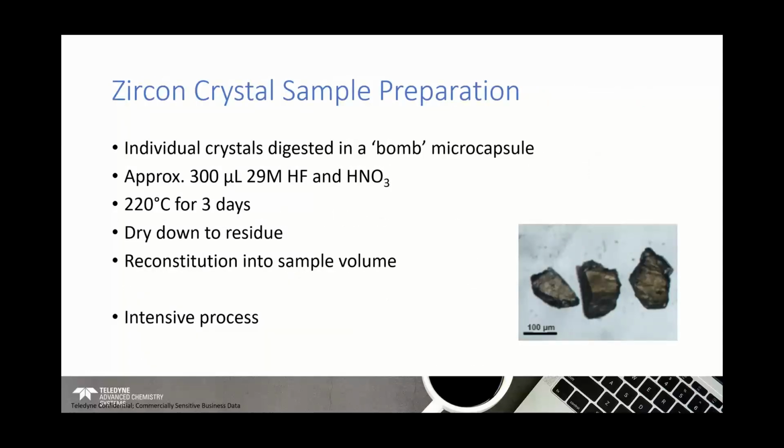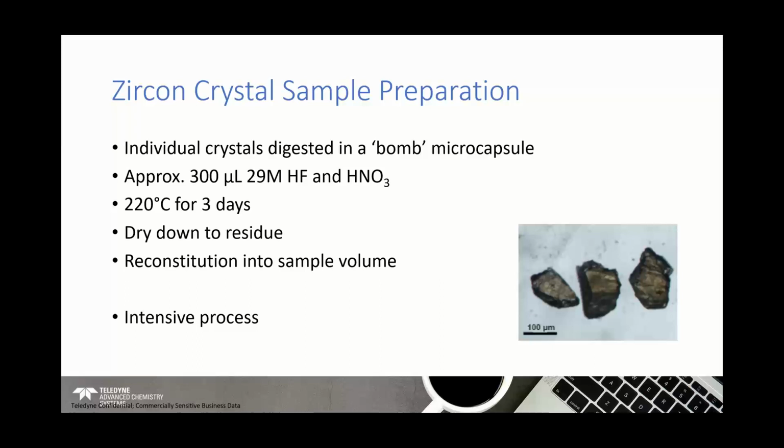So what do we do if we've got a zircon crystal? Well, in terms of sample preparation, individual zircon crystals need to be digested for liquid analysis. These crystals are typically digested in something called a bomb. They're in a microcapsule in a bomb, and each sample crystal is digested in a very harsh chemical environment.